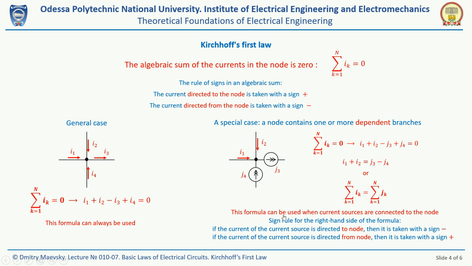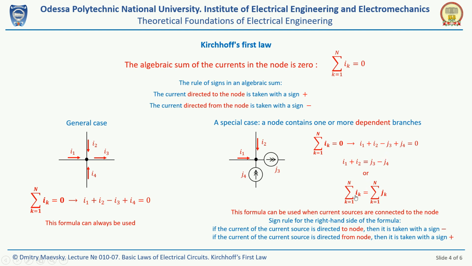It is clear that it can only be used if current sources are connected to the node. Please note that we moved the currents of current sources 3 and 4 to the right side with the opposite sign.